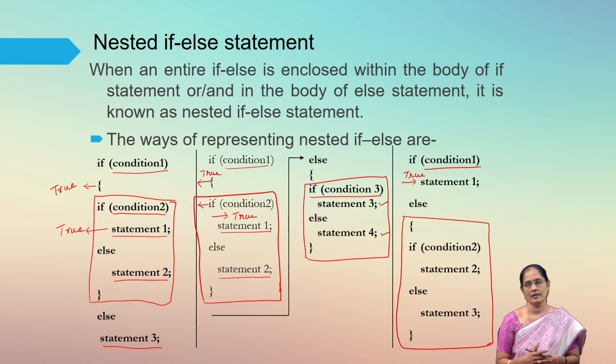The third category is, if condition 1 is true, we just execute statement 1. If condition 1 fails, we include the if else statement as a nested if else statement in the else block. So, these are the 3 ways that any nested if else statement can be represented.